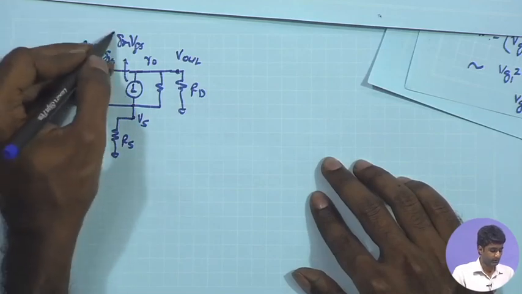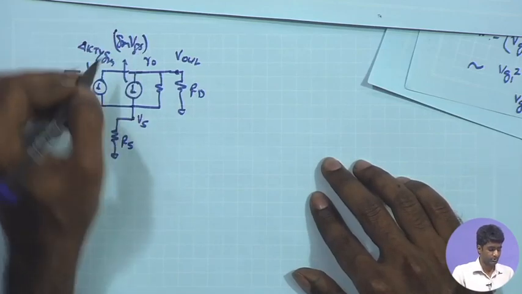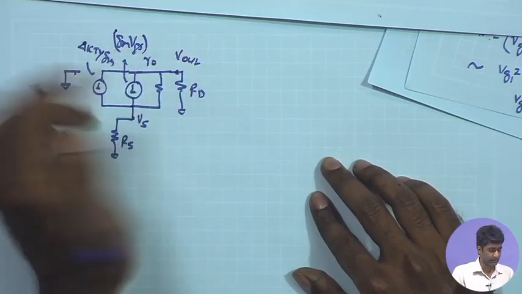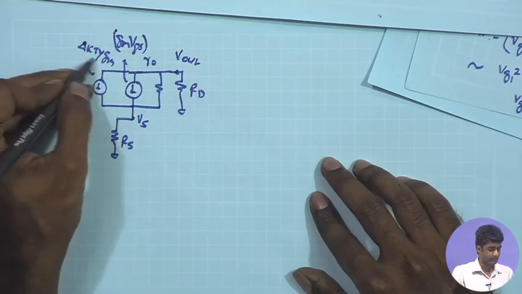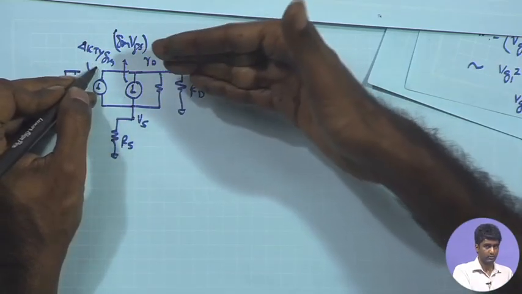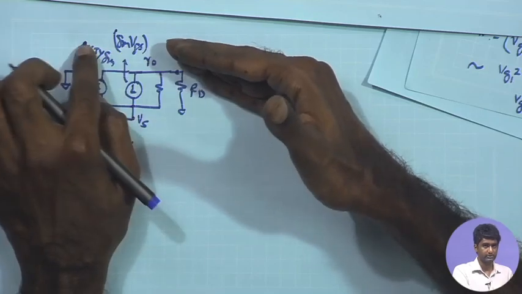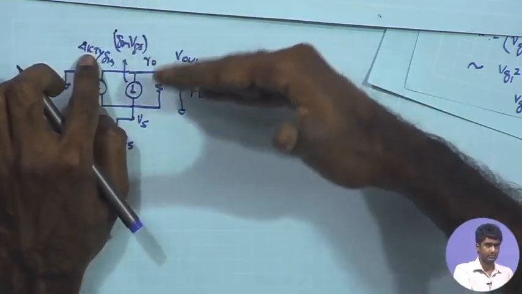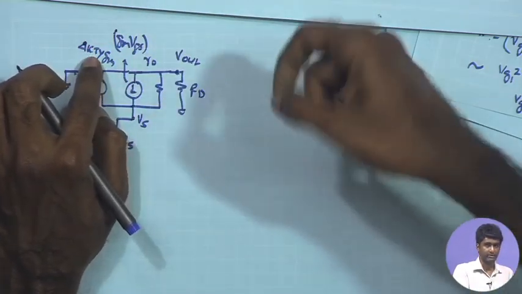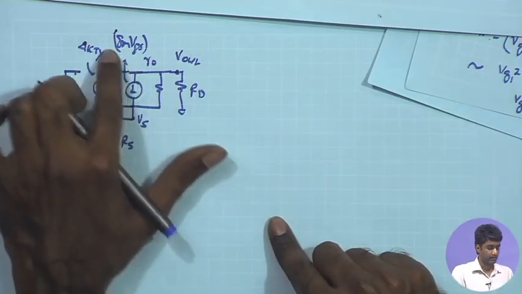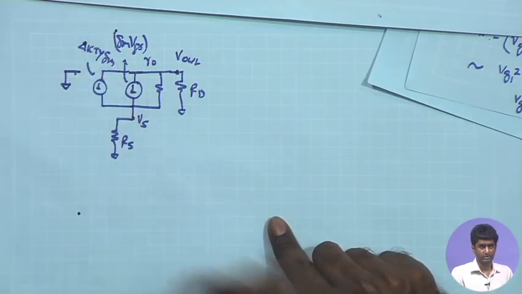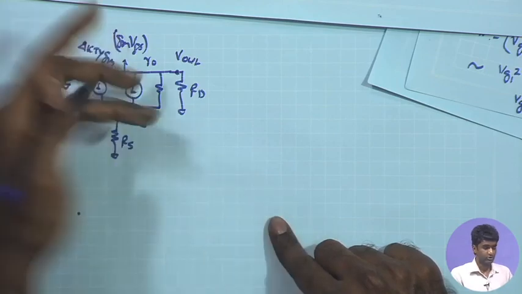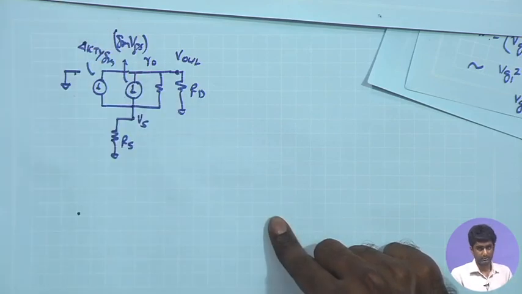And this is GM VGS, which is just GM times VS. Remember that the current over here is supposed to be the root of this quantity. So this is the current density, the mean square value IN CH square, and when we add it we have to take the root under GM, so root under GM times the bandwidth, as we say.